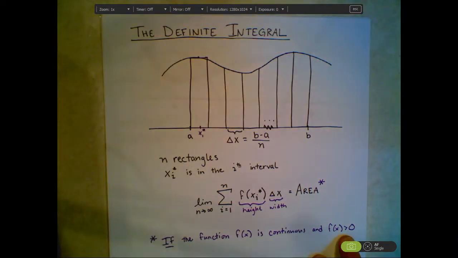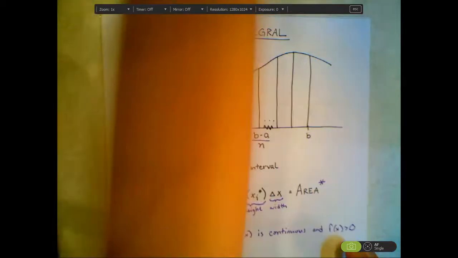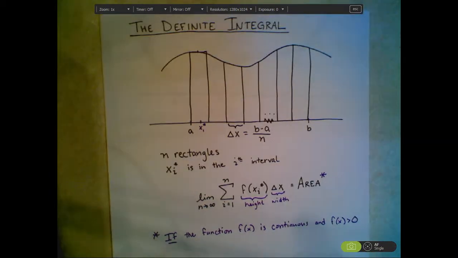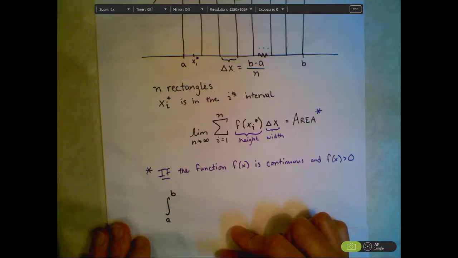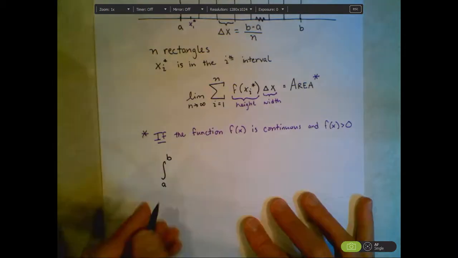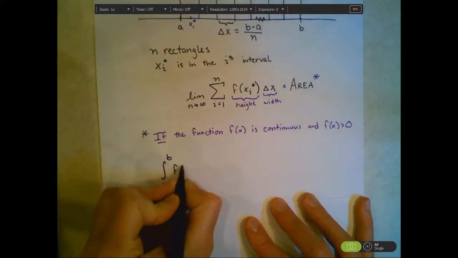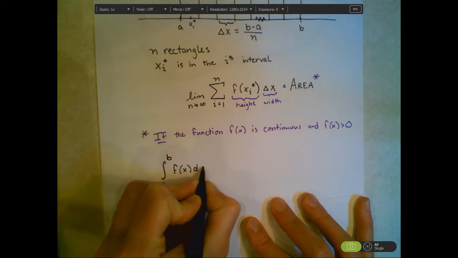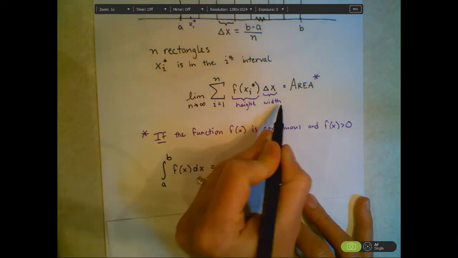So that leads me to my final definition, and it's the exact same definition as the above definition. But I say that my integral from a to b of f of x dx is exactly equal to this definition of the sum.